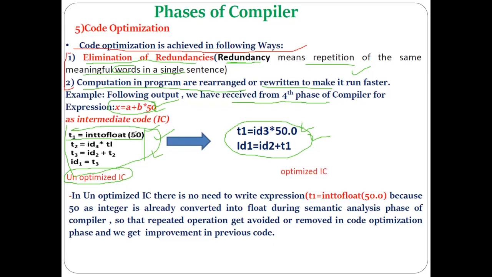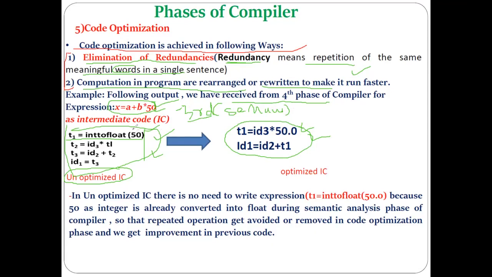But this conversion of 50 into 50.0 was already done in the third phase of the compiler, that is our semantic analyzer. If you see that lecture, the conversion of 50 into 50.0 is already done in the third phase of the compiler.